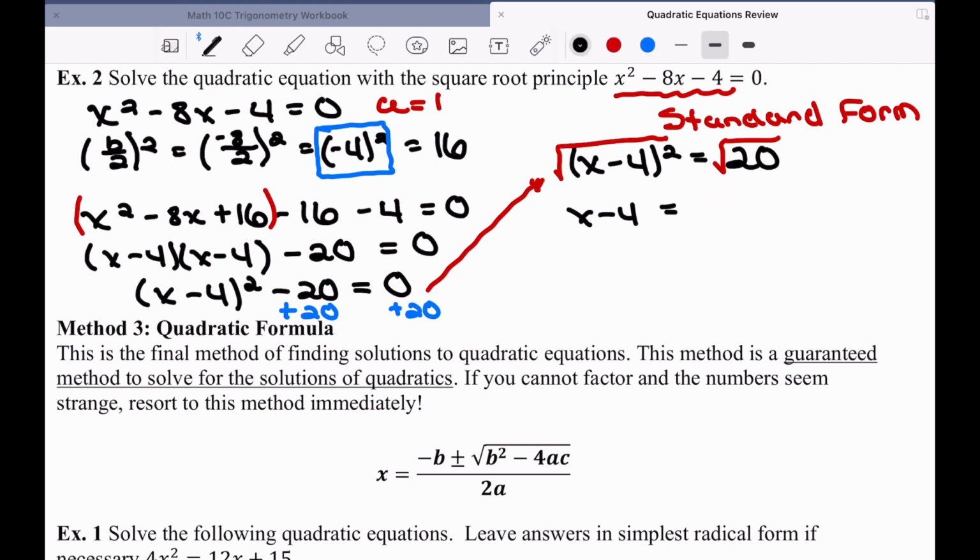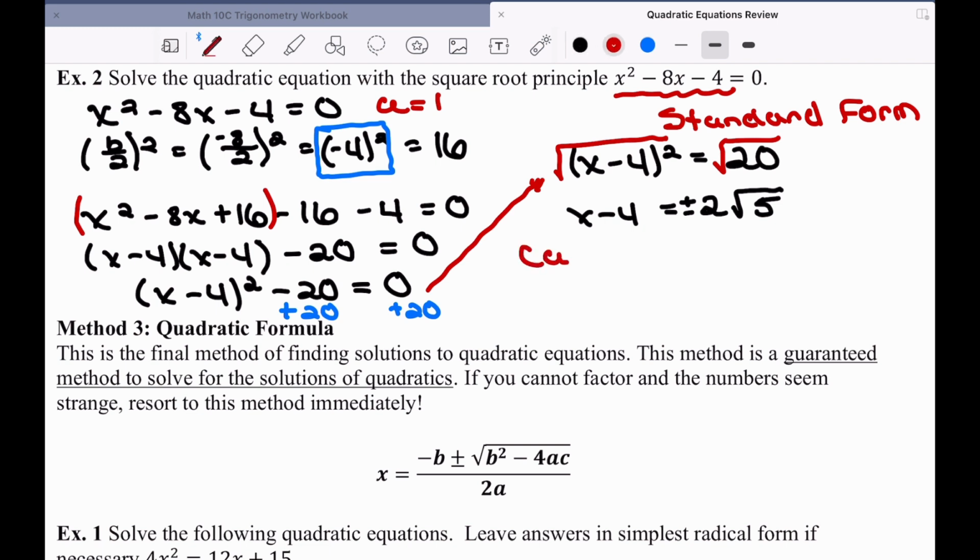Because root 20 won't directly simplify, or I guess we could simplify it, let's simplify this into a mixed radical. The largest perfect square that can fit into 20 is going to be 4. So I can rewrite this, and you can check the work on this, as 2 root 5. We have plus minus 2 root 5.